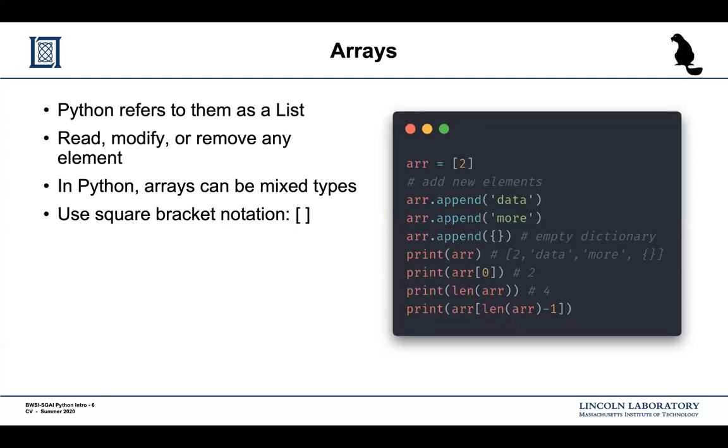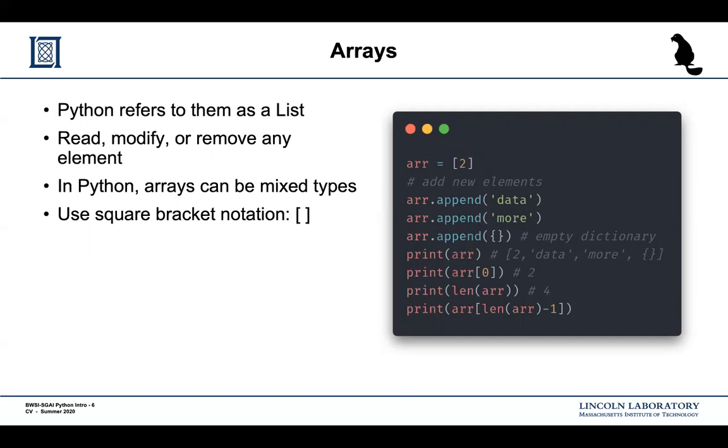So you could have an array that has a 2 next to a string, next to a custom object that you've created yourself, whatever you really want. And it uses this square bracket notation. So are you guys familiar with indexing? Starting from zero indexing and all that kind of thing.